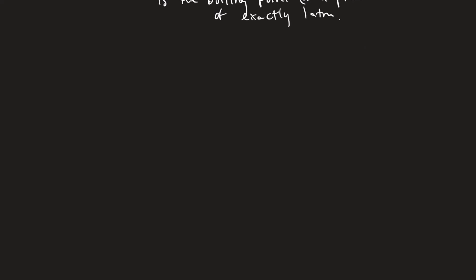Now, another property of liquids that we typically study is what we call viscosity. Viscosity is basically the liquid's resistance to flow. So what does that mean? Well, the slower it flows, the higher the viscosity. For example, maple syrup flows slowly, so it's very viscous, it has high viscosity.